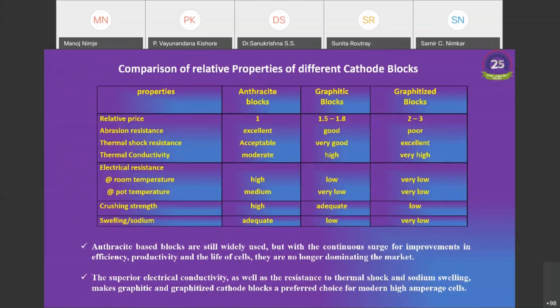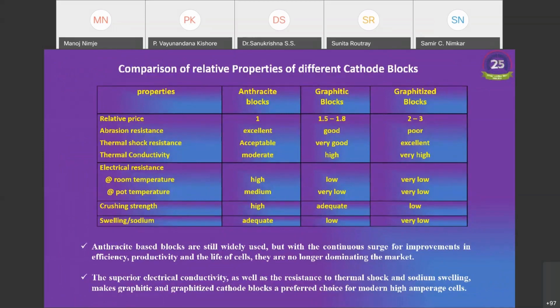Now, coming to the comparison of different cathode blocks. The performance of the cathode in an electrolysis cell depends on the types of blocks and the physical properties associated. The table presented here displays the comparison between the various properties of different carbon cathode blocks.